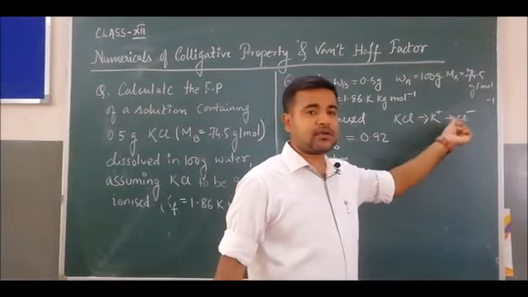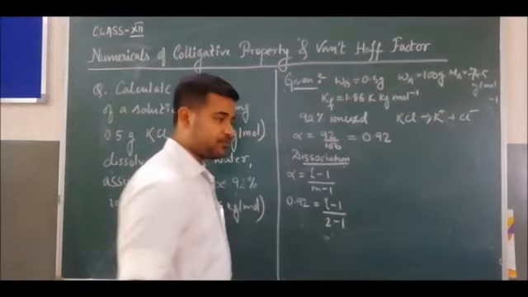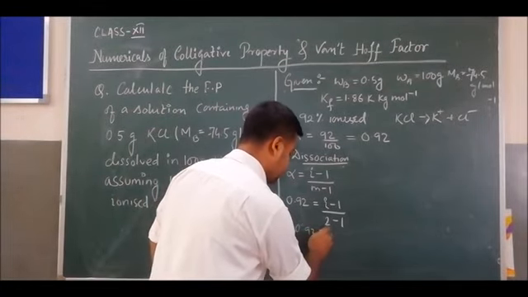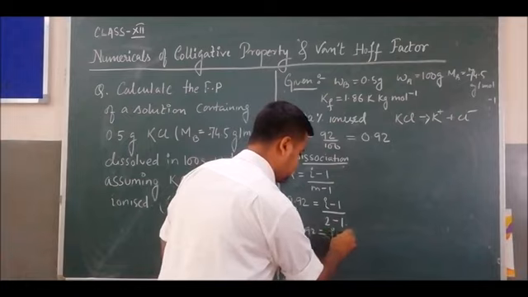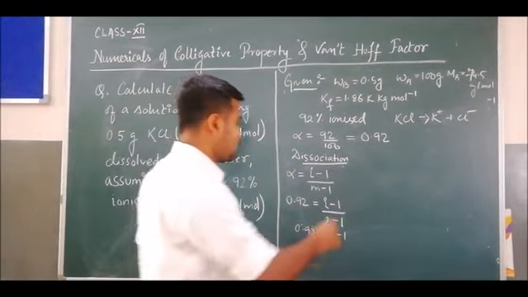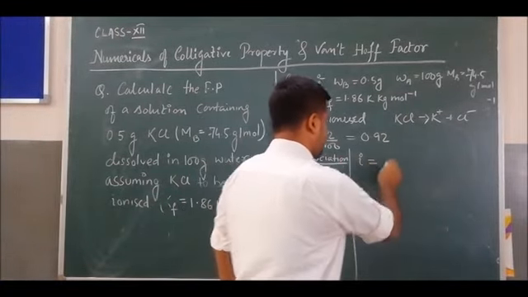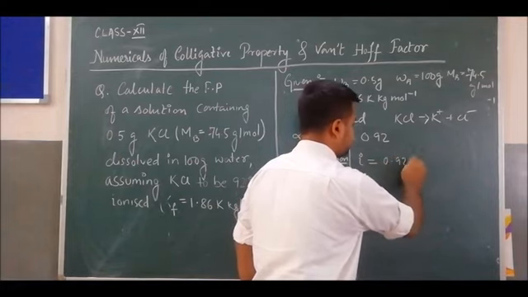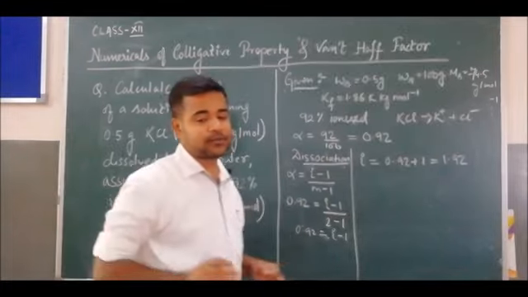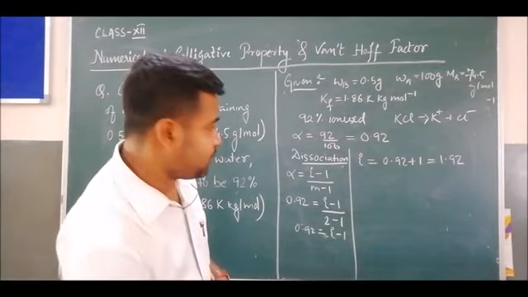KCl gives 2 ions, K plus and Cl minus, so m is 2, and m minus 1 is 1, the denominator. So 0.92 equals i minus 1, which means i equals 0.92 plus 1, that is 1.92. So the i value comes to 1.92.